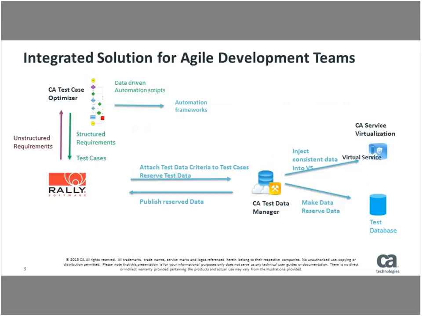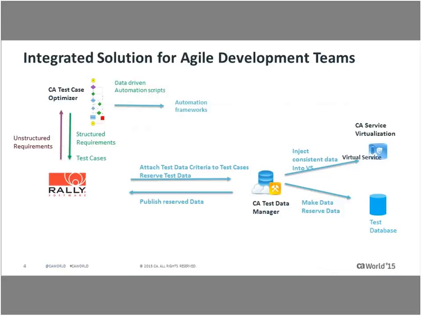What I'm going to do now, just quickly, in terms of integration, as I said, we did Rally integration, we did service virtualization integration, and CA Test Case Optimizer already had an integration which was enhanced as well to Rally.